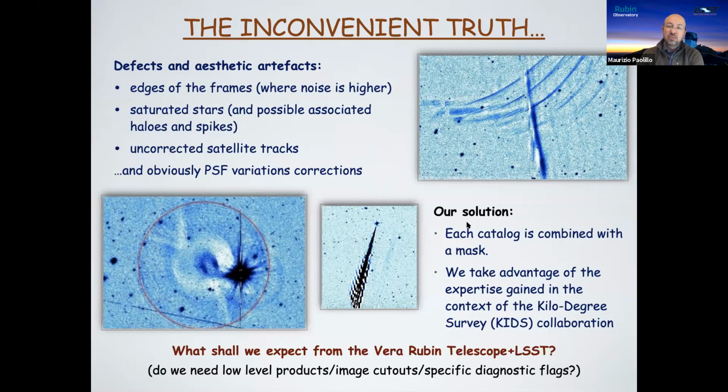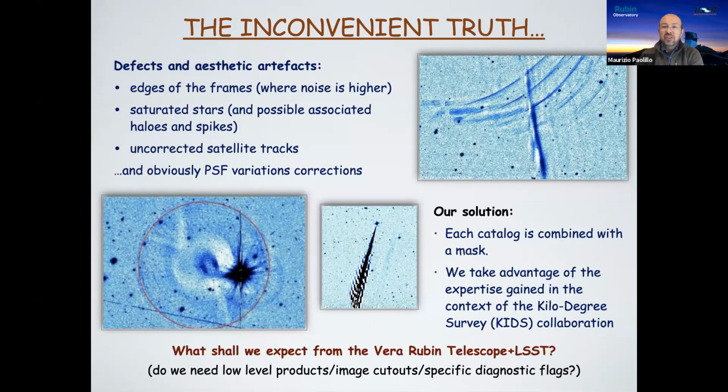Our solution was just to create a mask to exclude all the regions that had problems. Of course, this has an impact for LSST, because we have to decide if we need, for instance, specific diagnostic flags and image cutouts, and in what way we will be able to assess the reliability of our variability in such a huge data set that will not be explorable by eye individually.